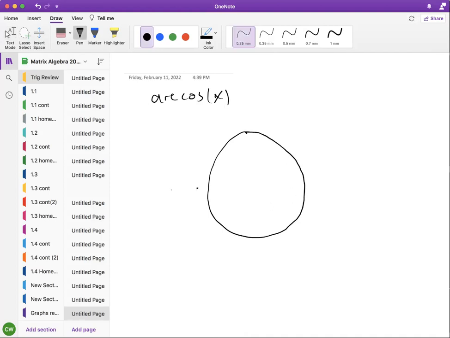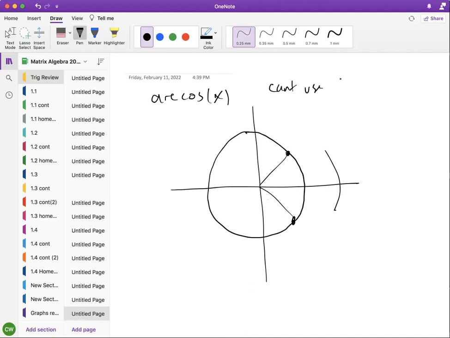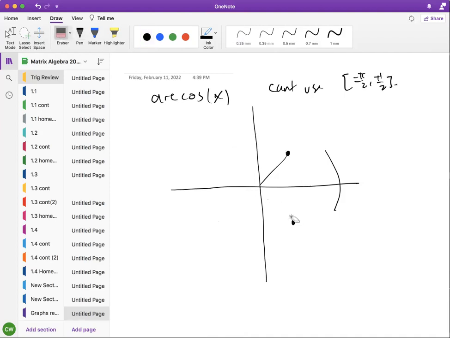Because if I want to look at the x values, and to make cosine 1 to 1, notice that in the interval negative pi over 2 to pi over 2, there are multiple angles with the same x value. This angle has the same x value as this angle. So I can't use negative pi over 2 to pi over 2. So I'm forced to choose a different interval.